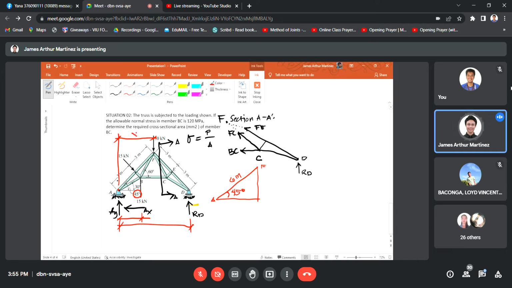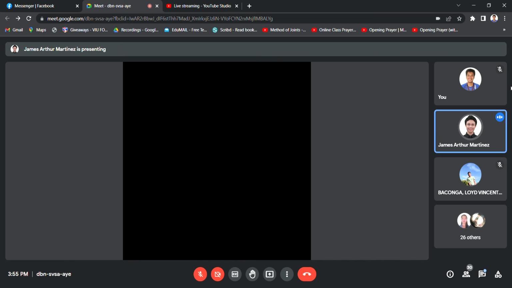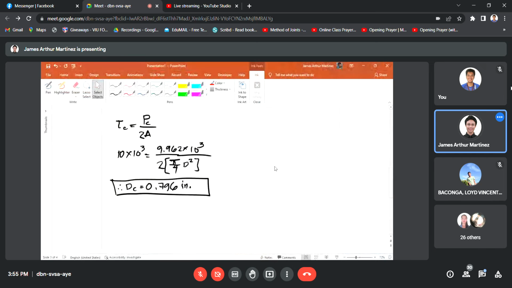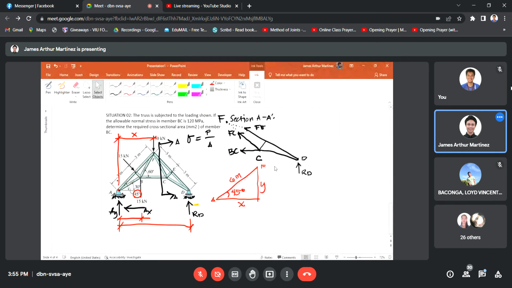Let me label it as x. Okay, this is x and y. So just apply trigonometric functions, or SOHCAHTOA, to solve for these two unknown variables. For x, we have the cosine function.